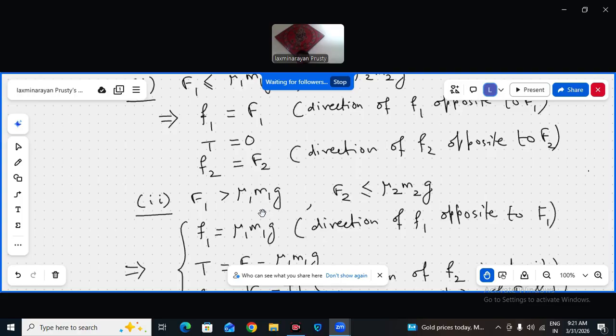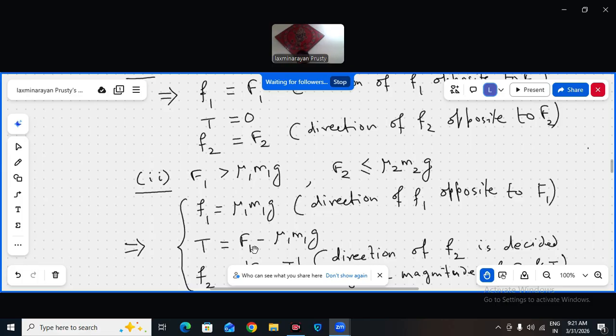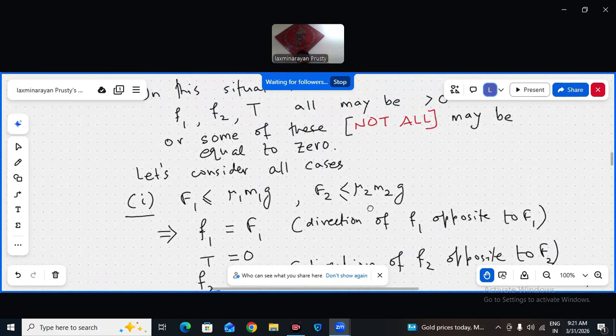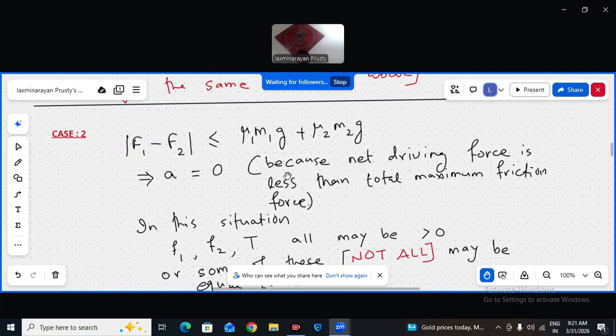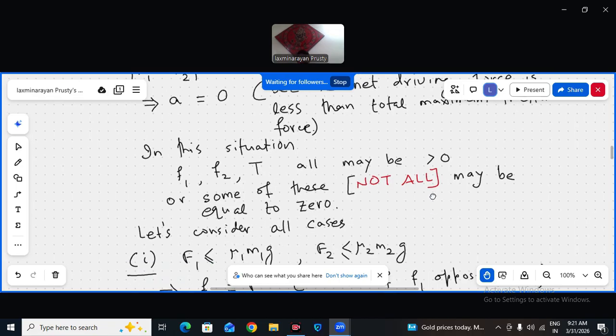So friction force will go to the maximum value mu1 m1g, direction opposite to capital F1. T will be F1 minus mu1 m1g because there is no acceleration term, because I am discussing case 2. Okay, acceleration 0.